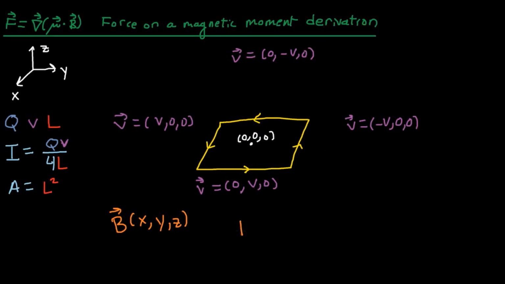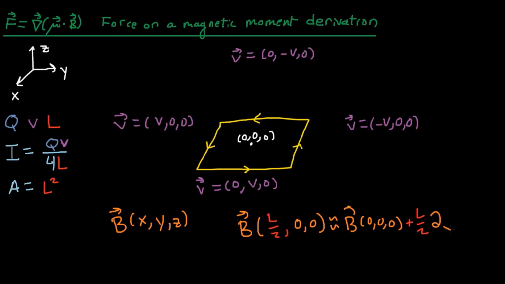So for instance, B at, let's say, the location (L/2, 0, 0) is going to approximately be equal to the magnetic field B(0, 0, 0) plus L/2 times the partial derivative of B with respect to x, evaluated at the origin, (0, 0, 0).